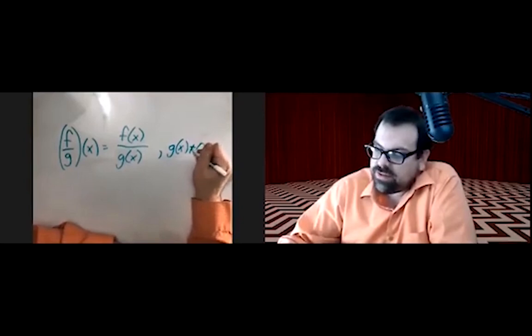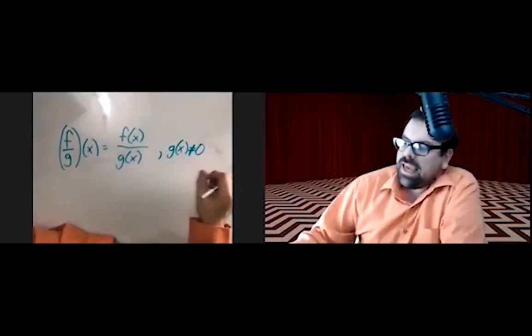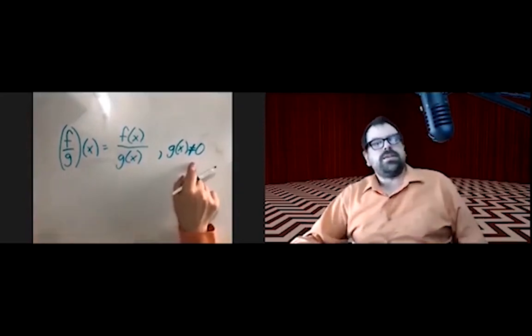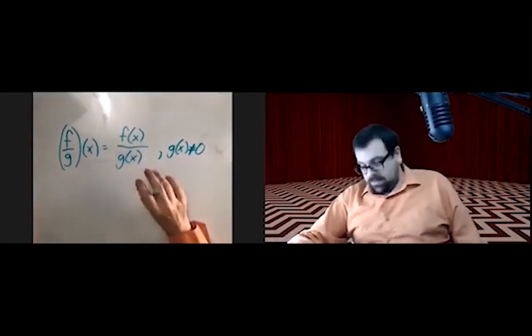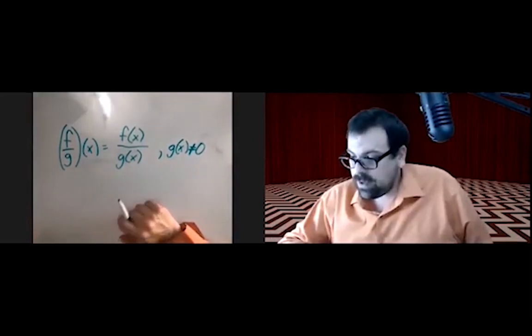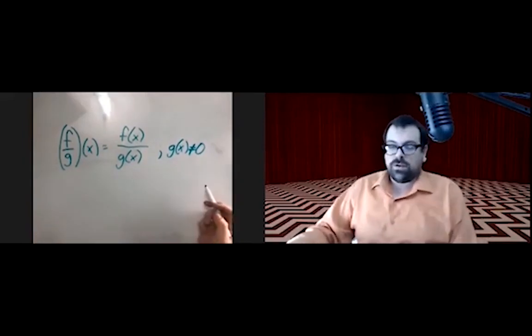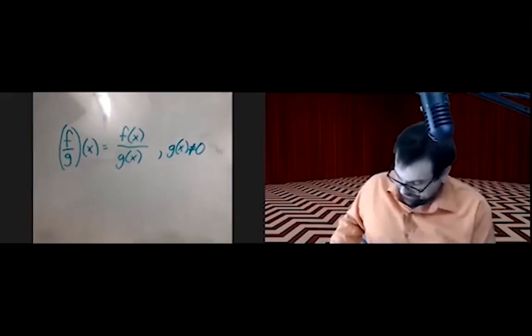G of x, if we're expressing f over g, can't be 0 because we can't divide by 0. That makes this a restriction of this function.